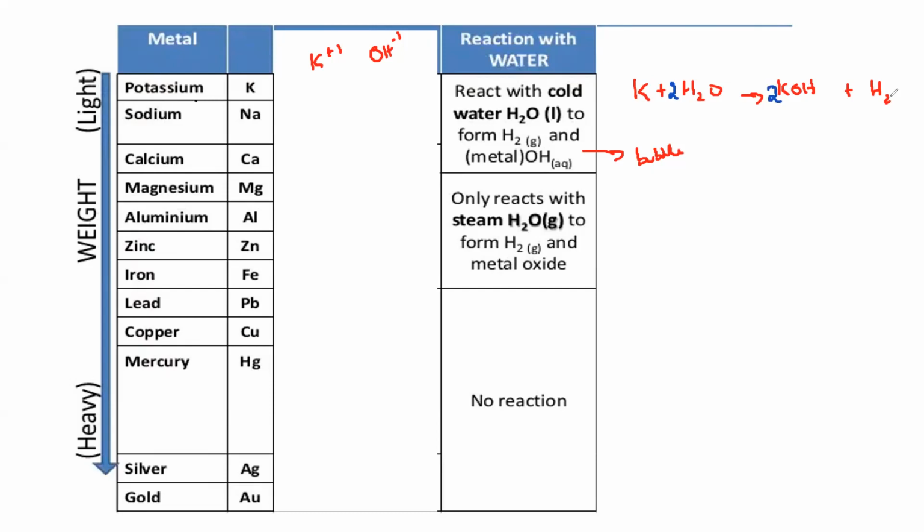So 4 hydrogen on the left, 4 hydrogen on the right. Hydrogen is balanced, oxygen is also balanced. And what about potassium? 2 potassium are there, so we will put 2. So this equation is balanced in terms of potassium, hydrogen and oxygen.